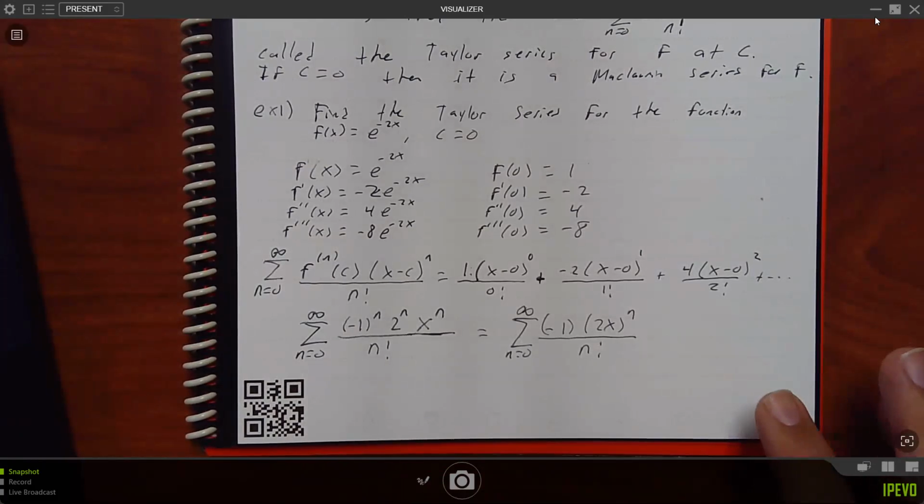All right. Let's expand the sine function.